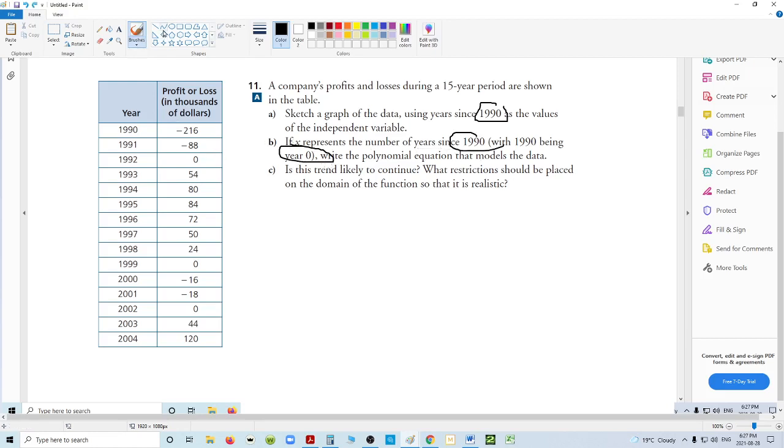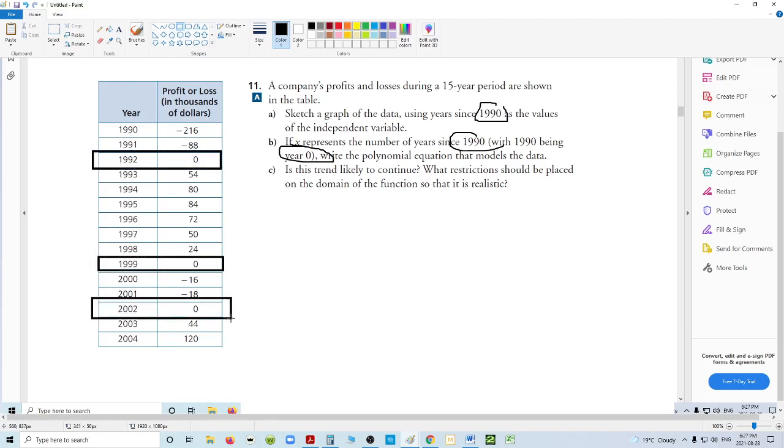Well, first of all, I want you to notice the zeros. It goes through 0, y, so there's the y-intercept. No, that's an x-intercept when y is 0. And here's another x-intercept when y is 0, and here's another x-intercept when y is 0.